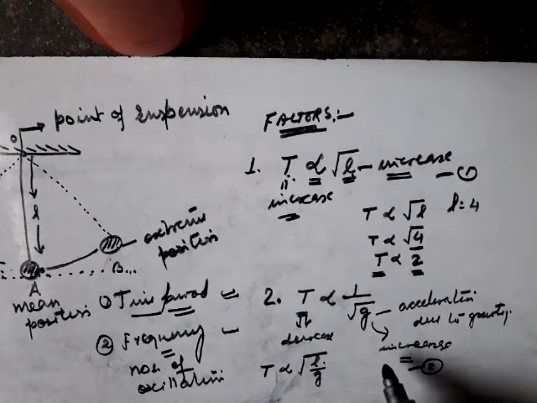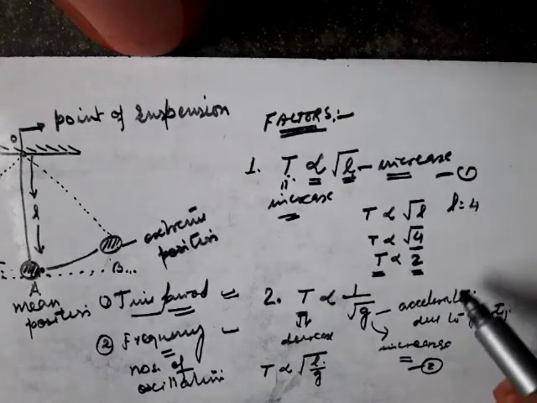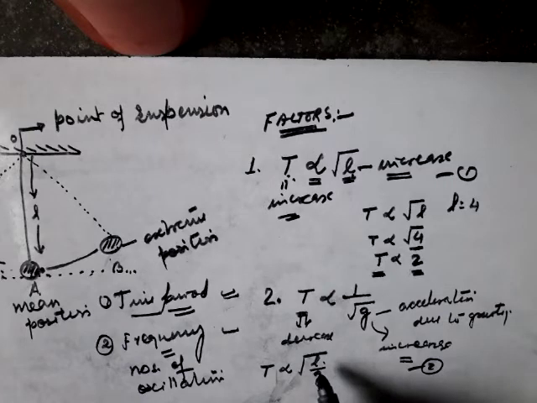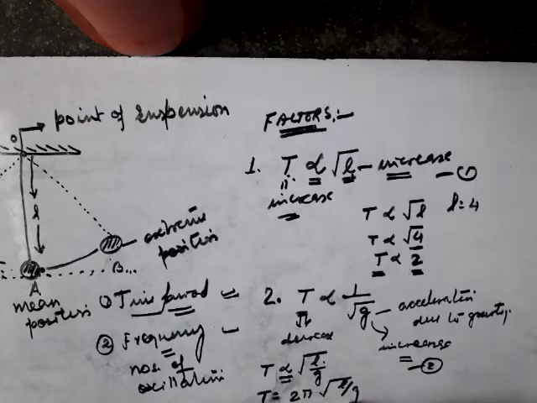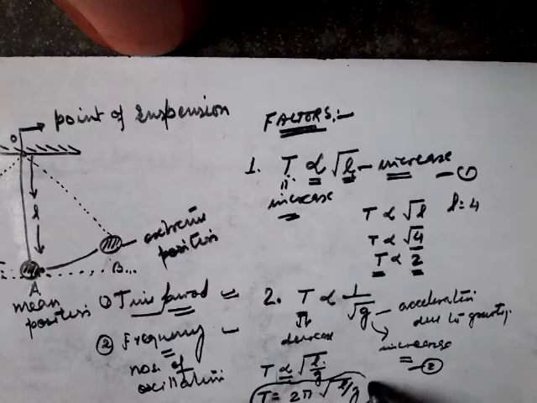Adding both equations, it becomes time period equal to, with the proportionality constant being 2 pi, 2 pi under root L by g. So this is the expression for the time period of a simple pendulum.